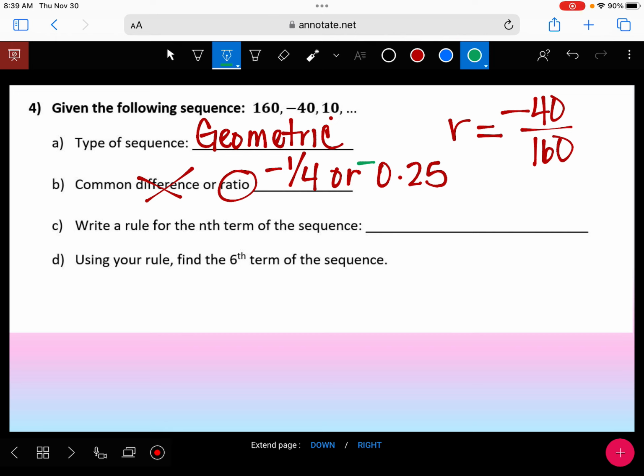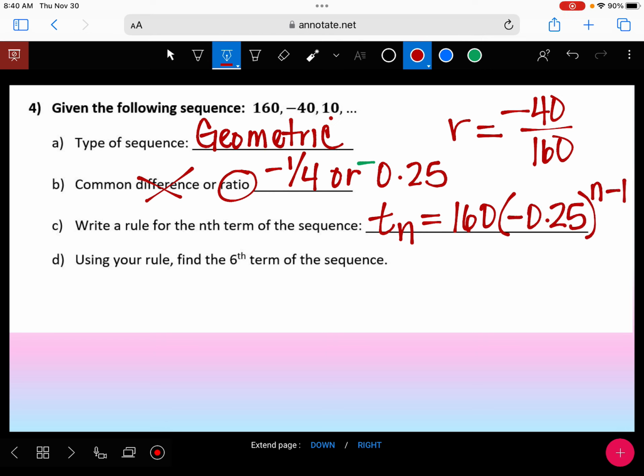Who wrote it as a fraction? Who wrote it as a decimal? That's what I figured. Everybody probably wrote it as a decimal. All right, so when you write your rule, it would be the first term multiplied by your common ratio to the power of n minus 1. Then we can find our sixth term.